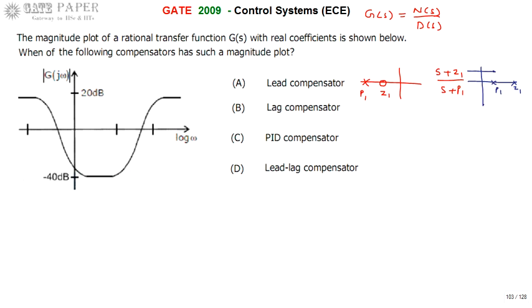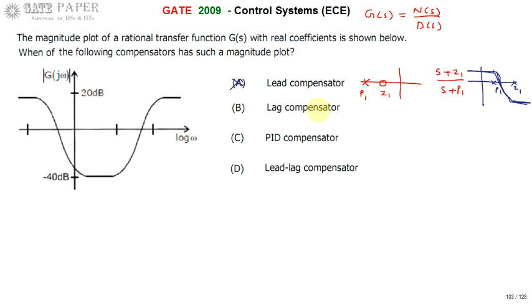Whenever the zero is encountered, it produces plus 20 decibels per decade; plus 20 and minus 20 cancel, and again you get a constant slope. This is the plot for a lead compensator, so this is not the right answer.